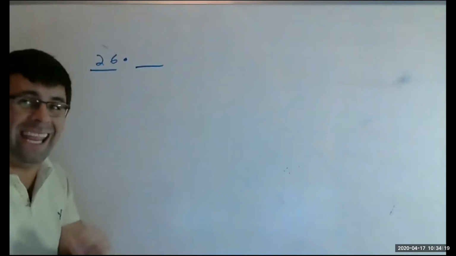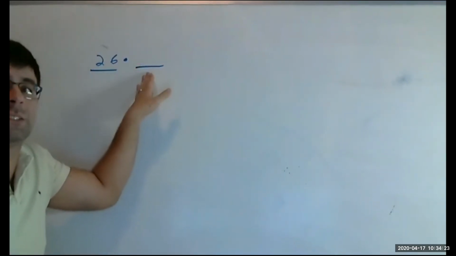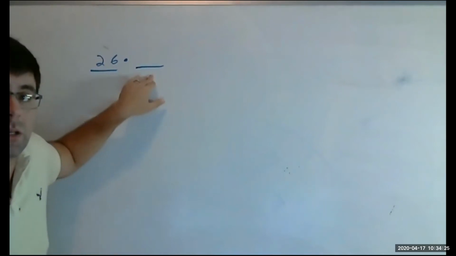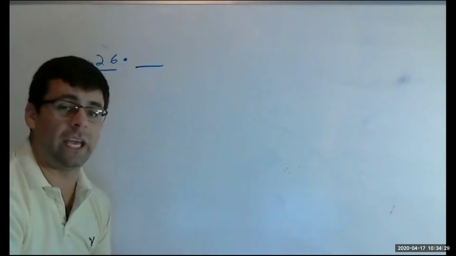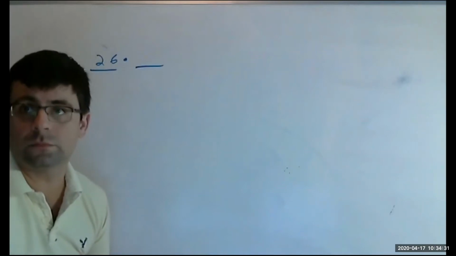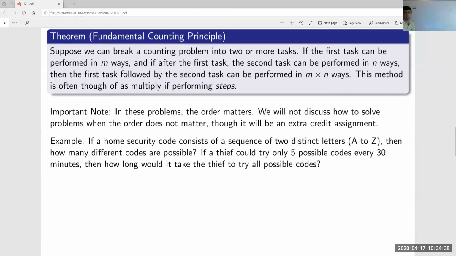If it was just a 2-letter code, then there would also be 26 possibilities for the second thing. But in this case, there's a little extra piece. We're talking about a sequence of 2 distinct letters, meaning you can't have any repeats.